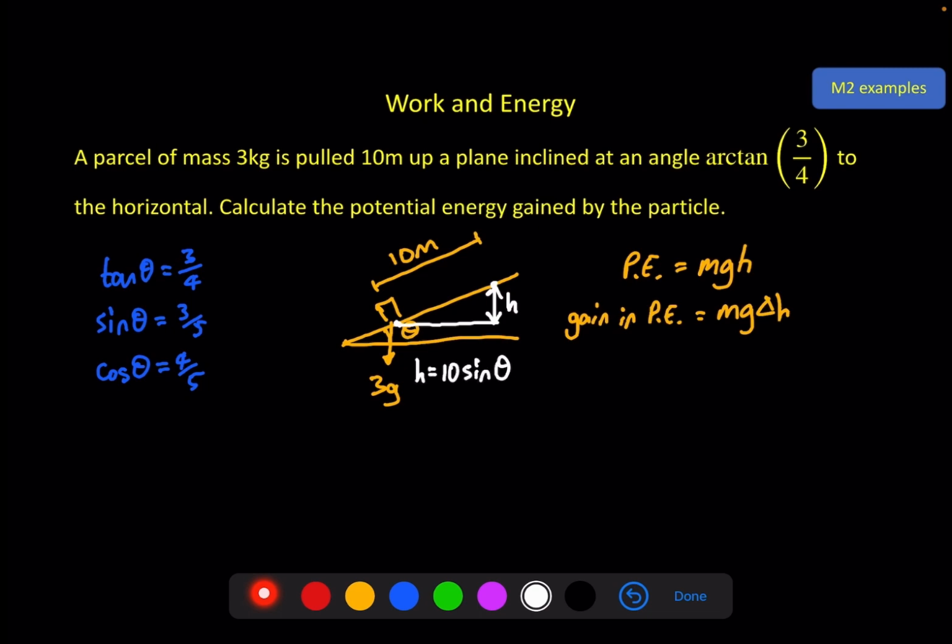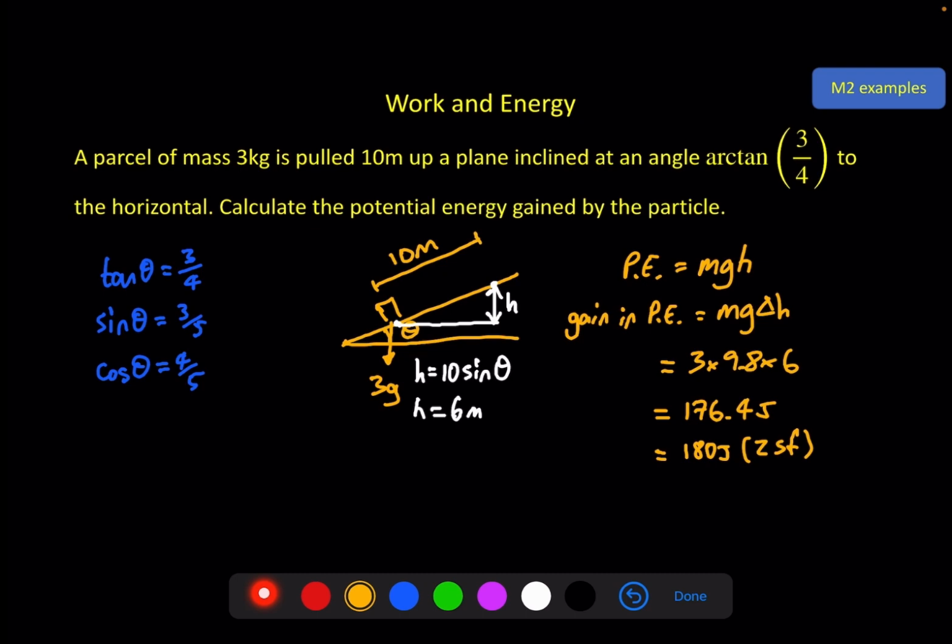We know sine of theta is 3/5, so that's 6 meters. Back to the formula. Mass 3 times g 9.8 times the gain in height 6. 176.4 to 2 significant figures, 180 joules.